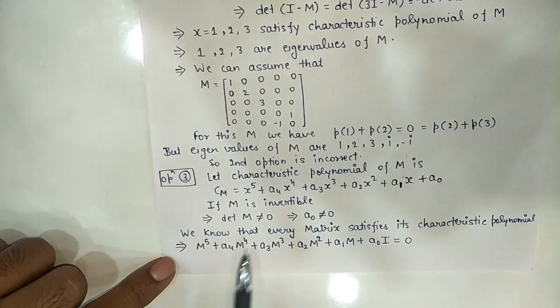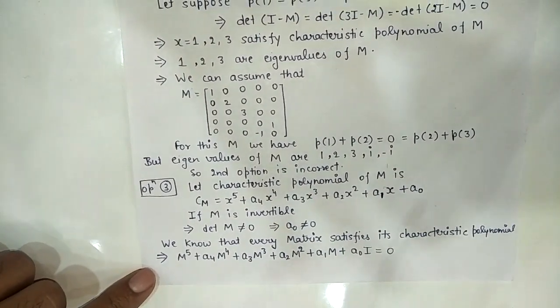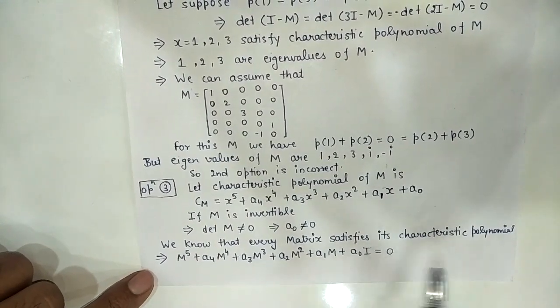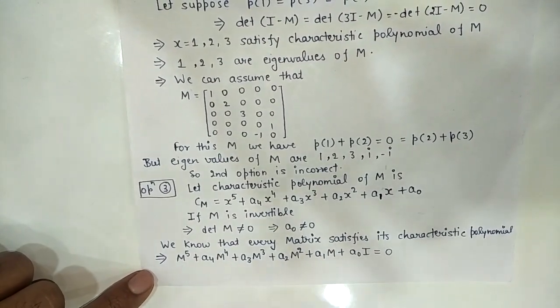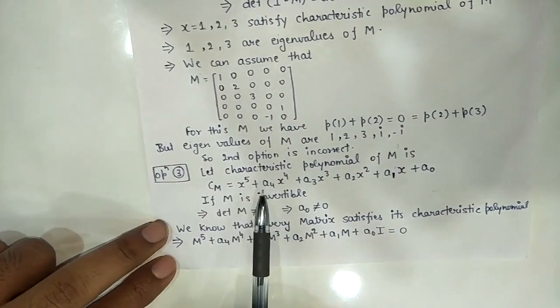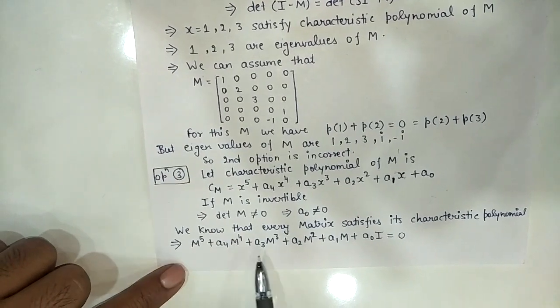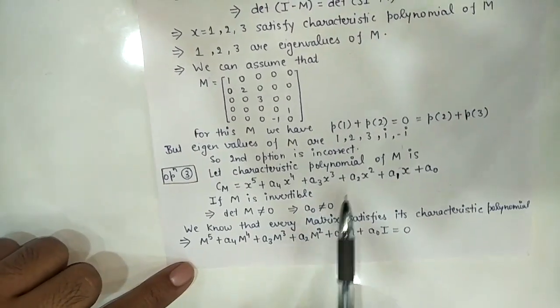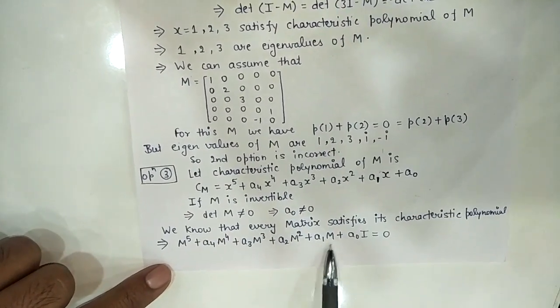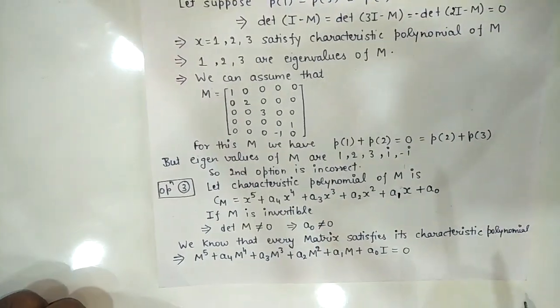Now we know that every matrix satisfies its characteristic equation. So this implies that M to the power 5 plus a4 M to the power 4 plus a3 M cube plus a2 M square plus a1 M plus a naught I is equal to 0.